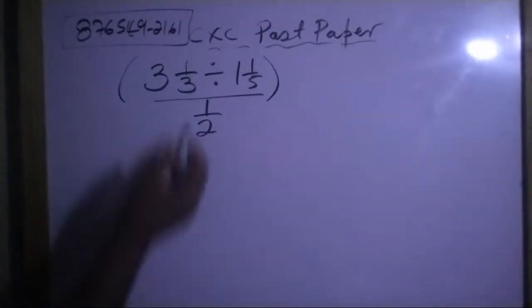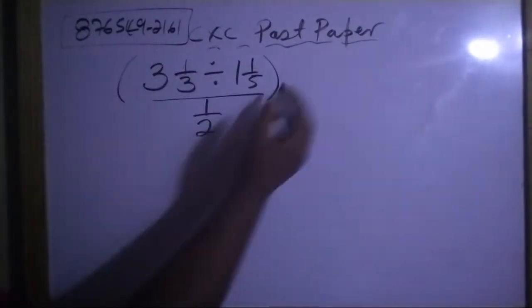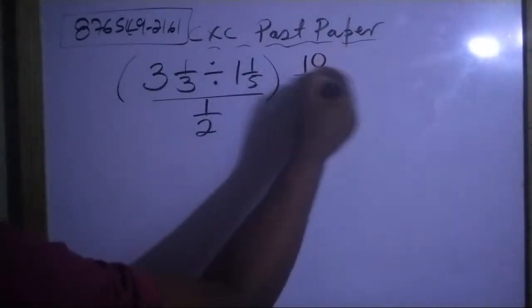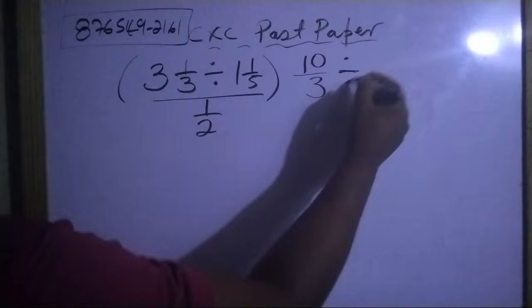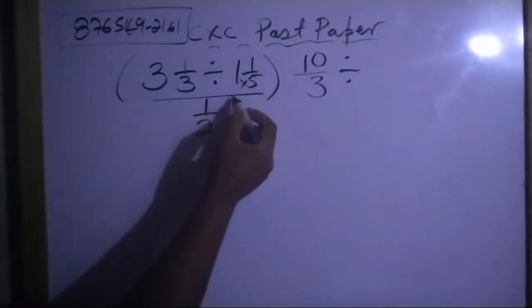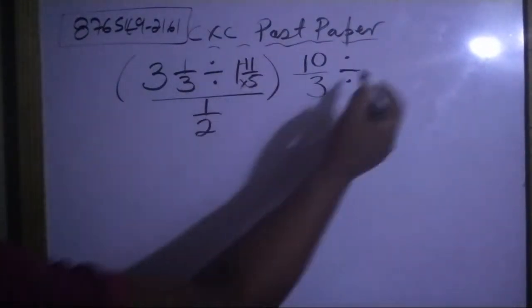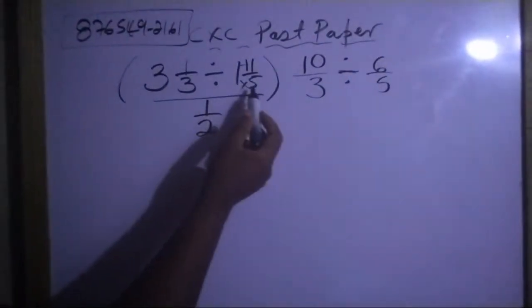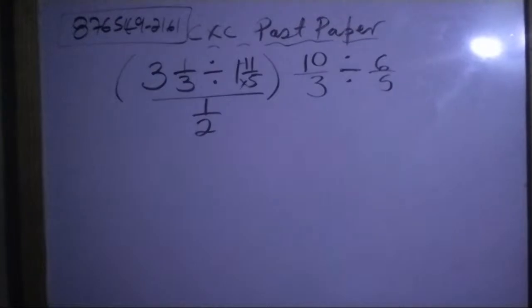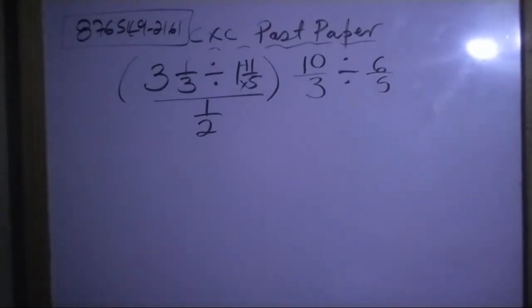So we're going to convert 3 1/3: 9 plus 1, 10 over 3. I could divide first because we're not rushing it. Now we convert this 1 1/5: 5 plus 1, that's 6 over 5. Remember what the rule says? You multiply the whole number by the denominator and add the numerator.